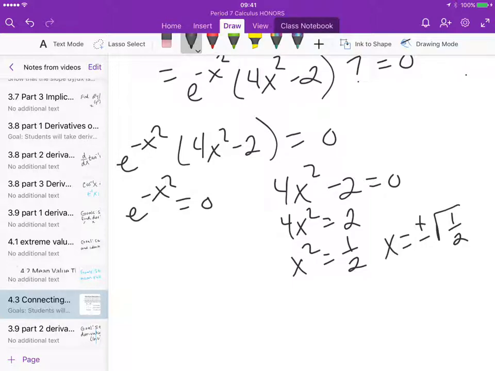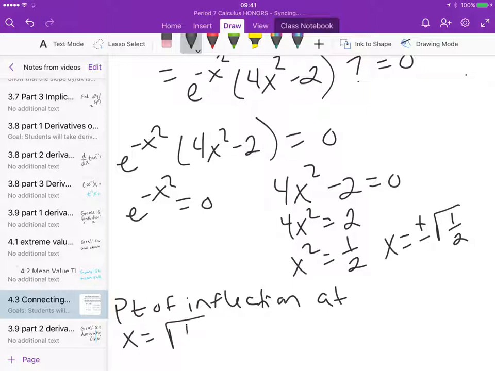So specifically, there is a point of inflection at x equals square root of 1/2 and x equals negative square root of 1/2.